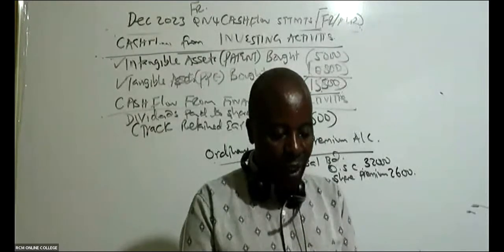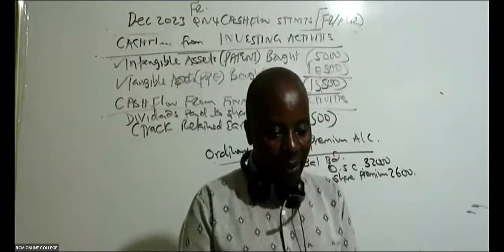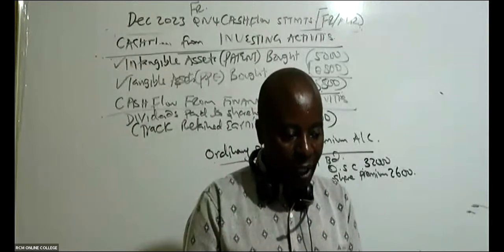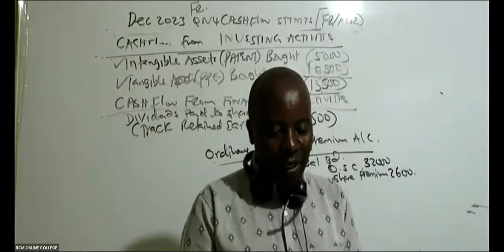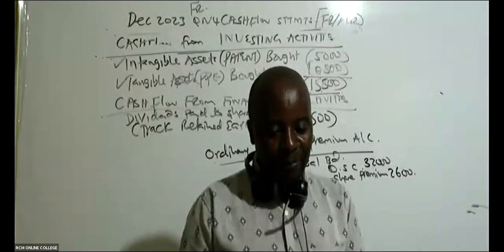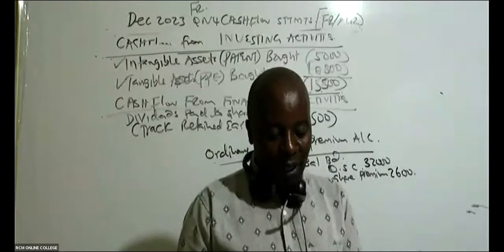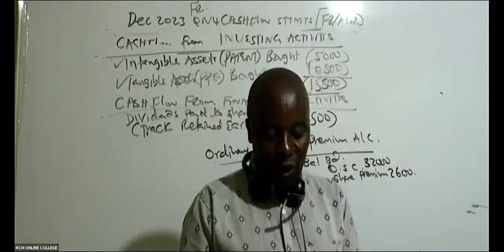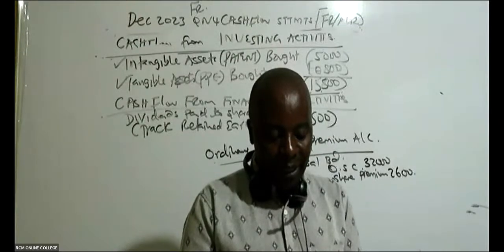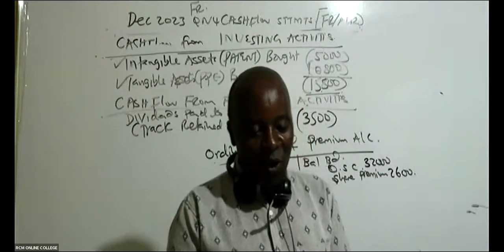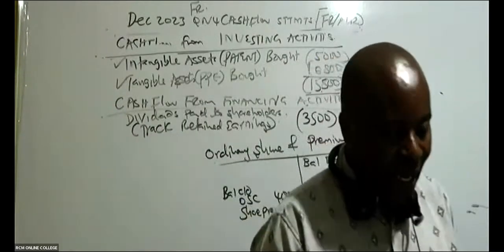Which note number? Note number 3: the company repaid some borrowings which had matured during the year and issued new loans. Those are not new shares. Those are loans.